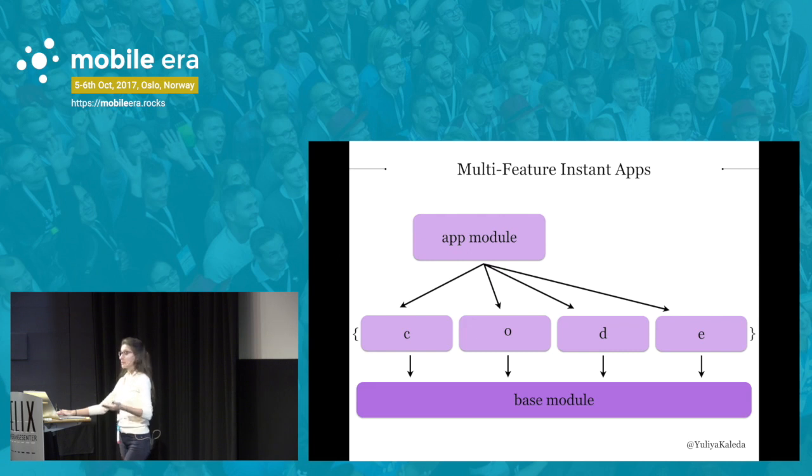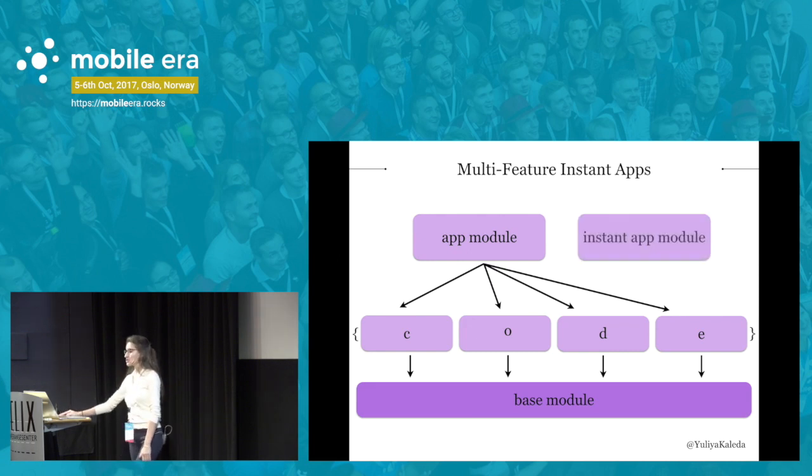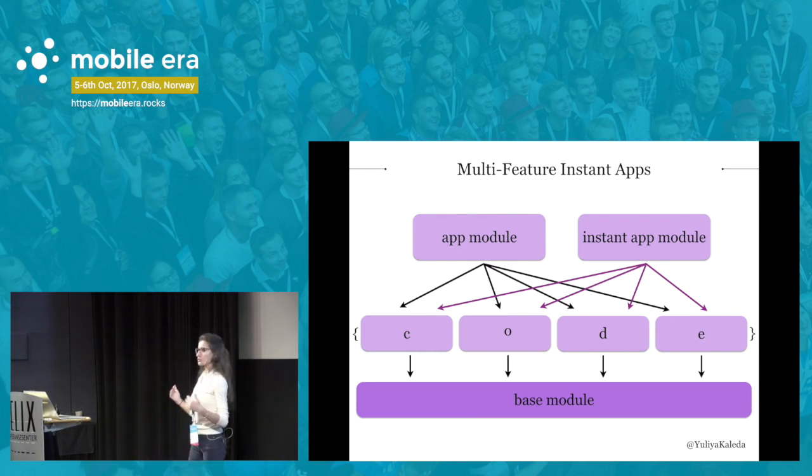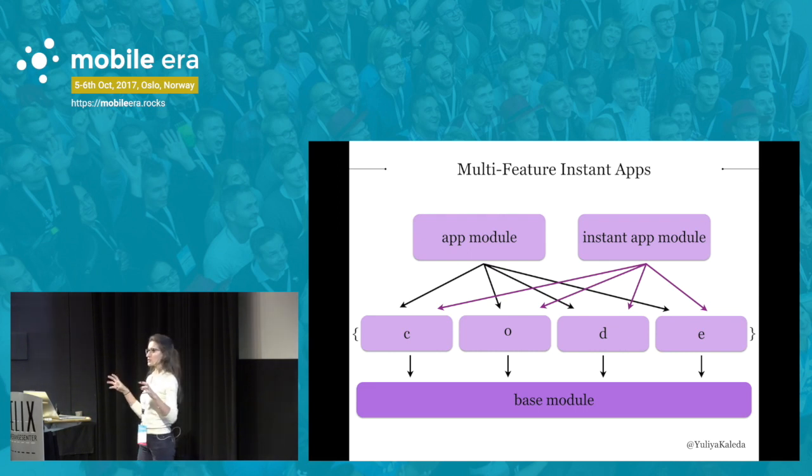In order to build the Instant App itself, we have to add a new module, the Instant App module, and then we have to provide the dependency of the Instant App module on the feature modules. So once again, the base module is that shared repository. Then the second level of the modules are independent feature modules. They basically don't depend on each other.